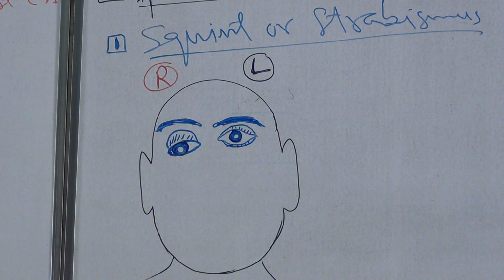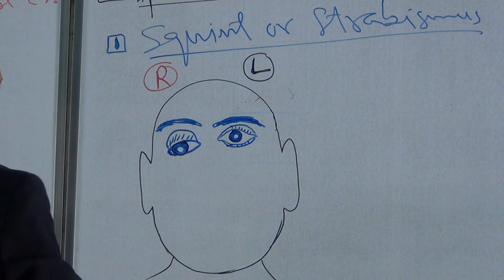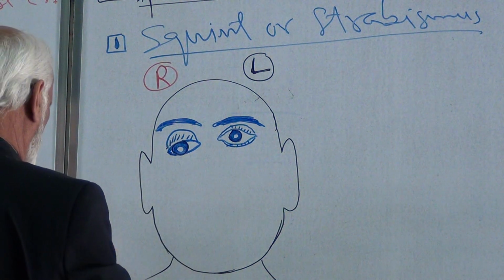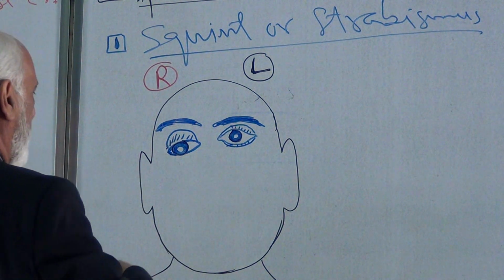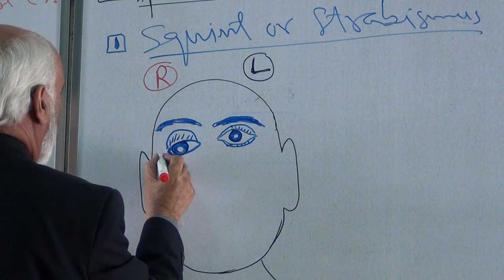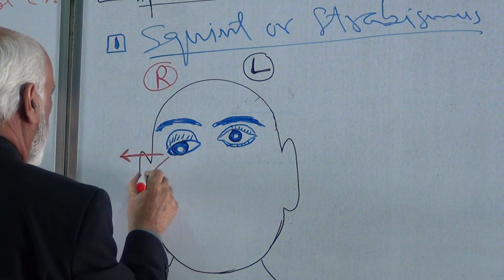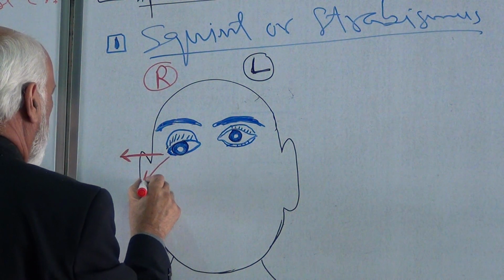Now suppose there is a right oculomotor nerve lesion on the right side, so I will give you some features of the right eyeball. So what will happen? The eyeball will move outwards and downwards on the affected side.